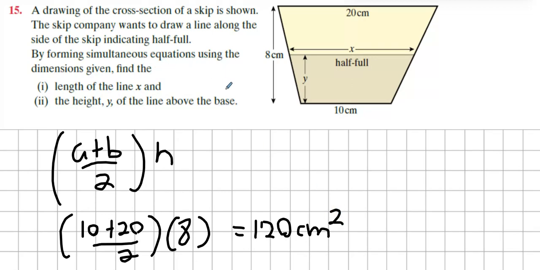Next thing I'm going to do is the area of the half filled one has to be 60 centimeters squared. So you're going to do the same formula again. I'm going to add 10 to x. Again, then the height is y, isn't it? Might have to use the half trapezium after all.